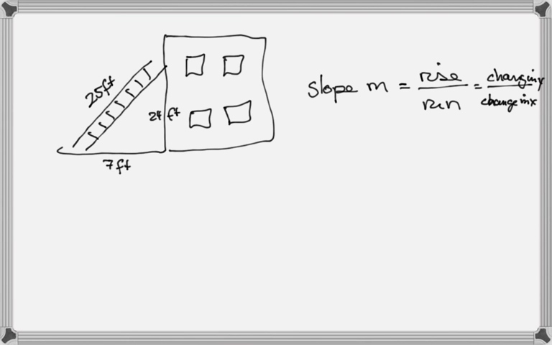So what is my change in y in this problem? 24 over 7. That's it, 24 over 7. That's all you have to do. And this ladder, of course, is a positive slope.